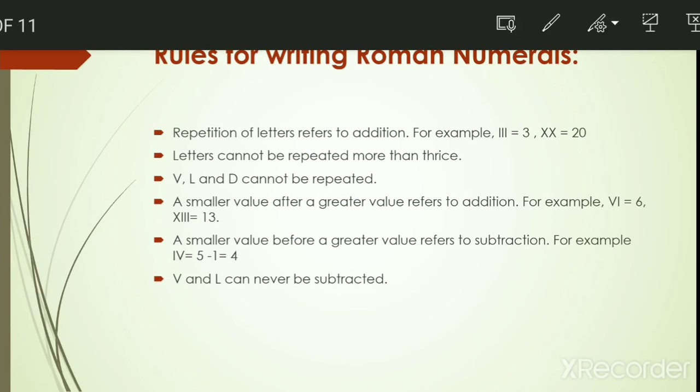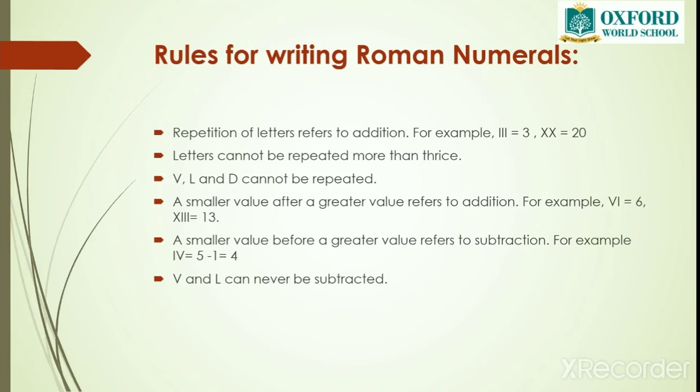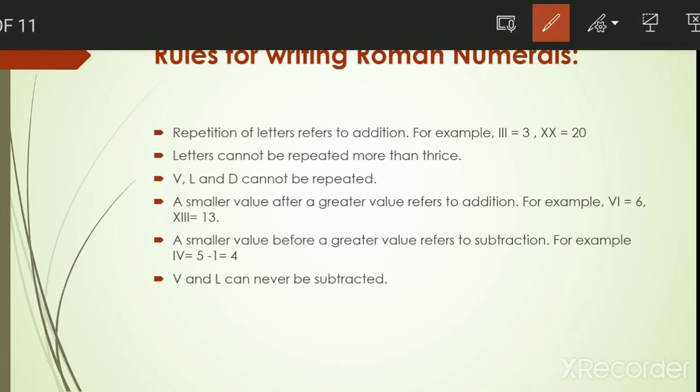Now let us see the rules for writing the Roman numeral. So there are many rules. We'll see them all one by one. First is repetition of letters refers to addition.